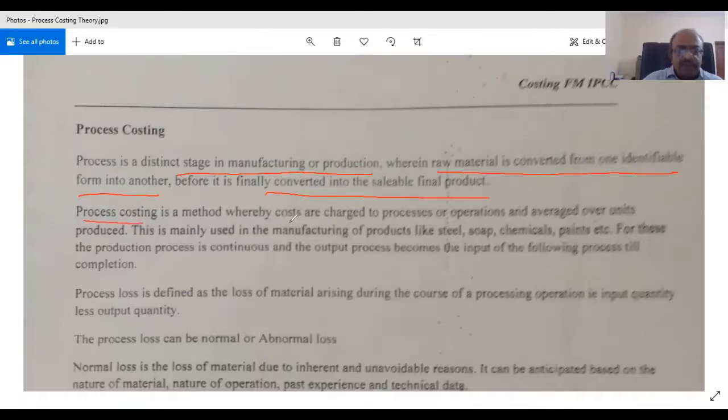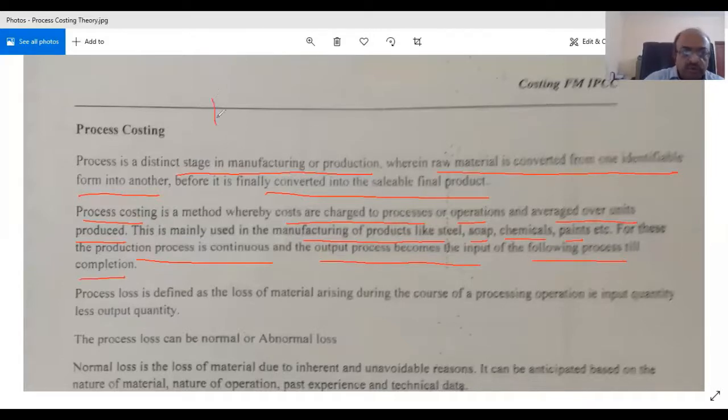It is a method whereby costs are charged to the process or operation and averaged over the units produced. This is mainly used in manufacturing of products like steel, soap, chemicals, paints, etc. For these, the production process is continuous and the output becomes the input of the following process till completion.